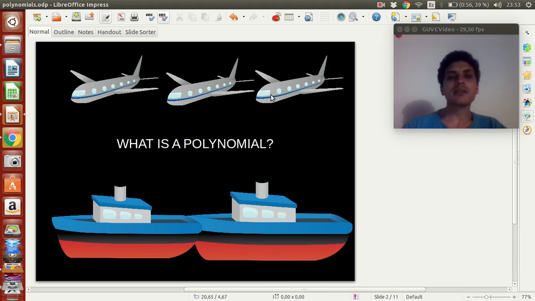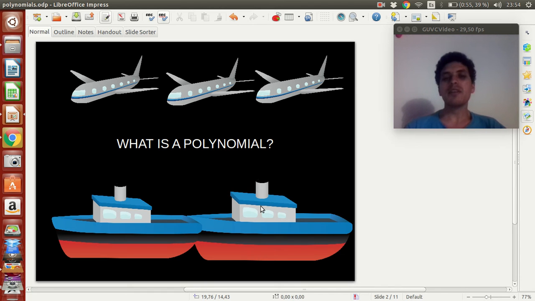The planes are the same size, the boats are the same size, but we have to determine the volume of 3 planes and 2 boats. So we hired somebody who is going to tell us how to determine, using dimensions and a formula, the volume of the plane, and using a formula, the volume of the boat.